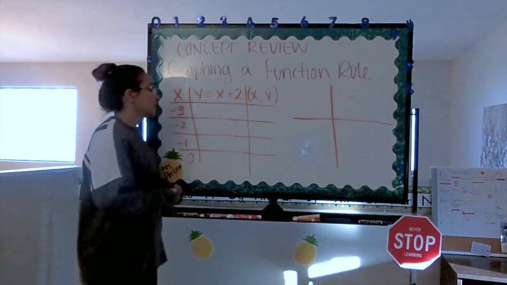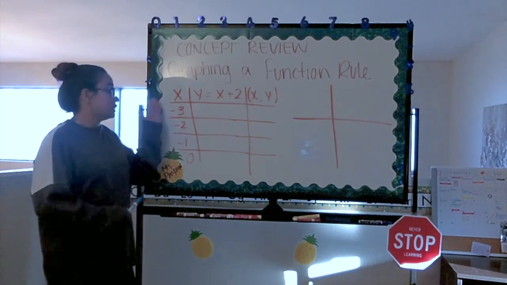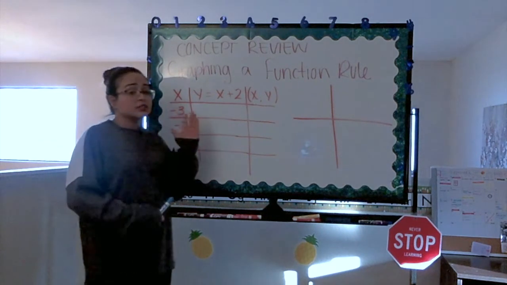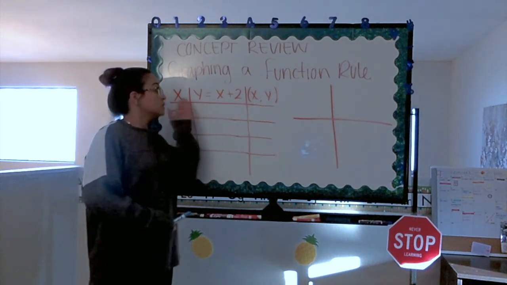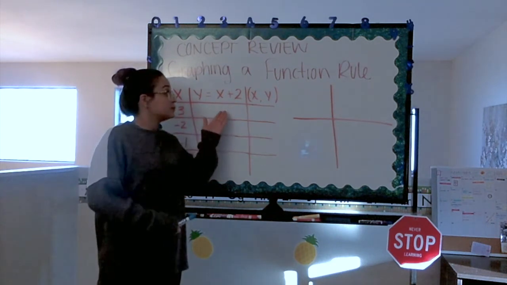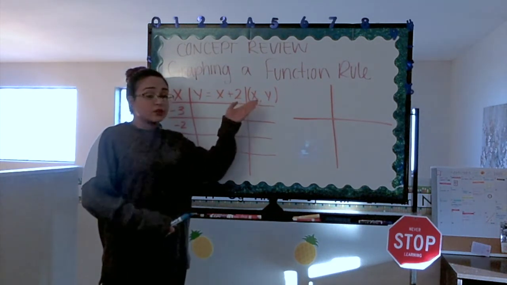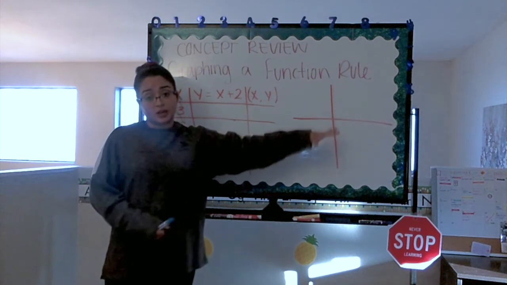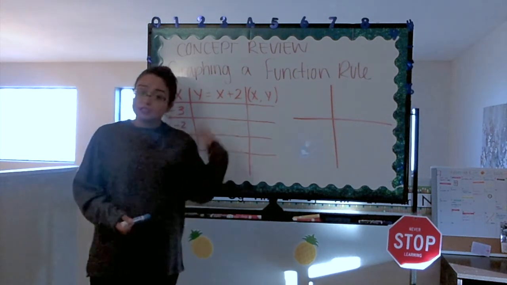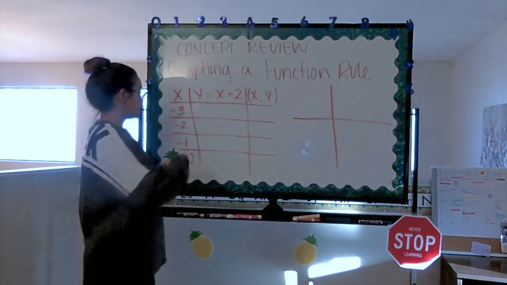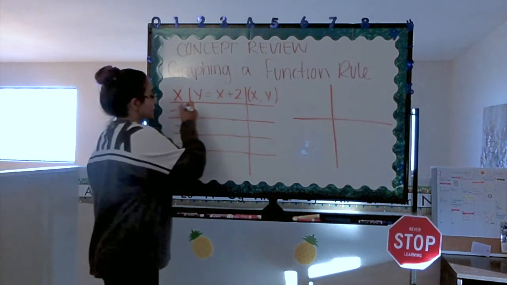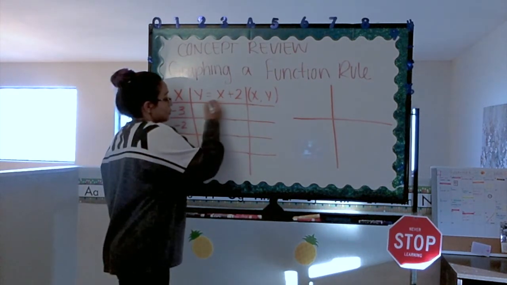Okay? So you have your values for x and you are going to solve for your values for y using the equation given to you. Then you're going to take your coordinates and place them on the graph. Now, we're going to be plugging in -3 for x.